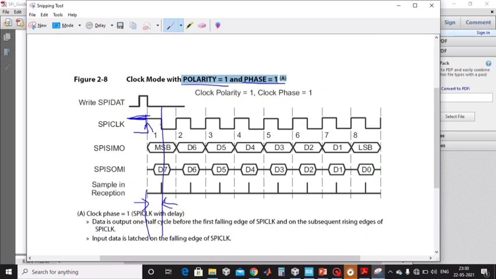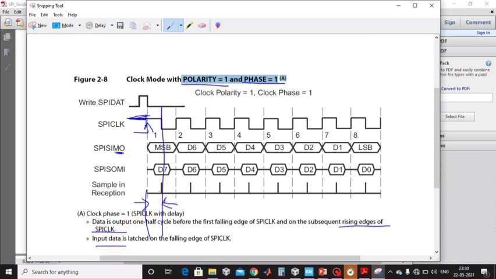So now we can make a conclusion on this mode. That means in this mode master is outputting, MO means master output, master is outputting its data on the rising edge of the SPI clock. So what about the input data?